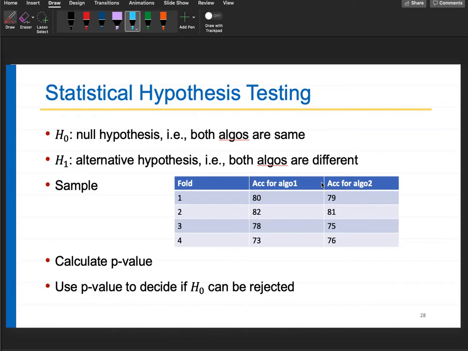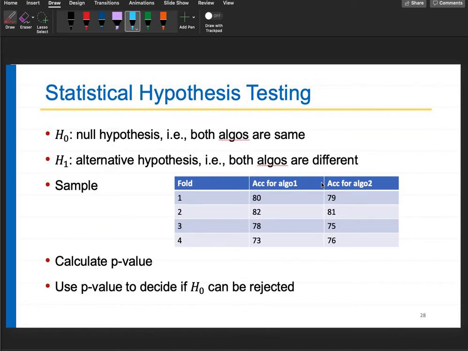For example, Nishant's method is better than my method. Happy? So I want to prove that Nishant's method is better than my method. This is something non-trivial, so I will make that my alternative hypothesis, not the null hypothesis. What is my null hypothesis? Null hypothesis means both our methods are exactly the same.